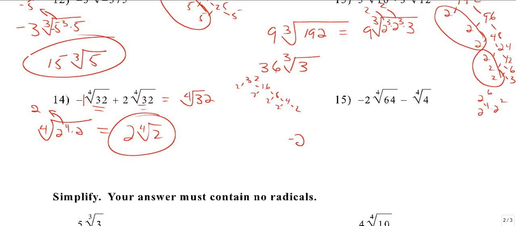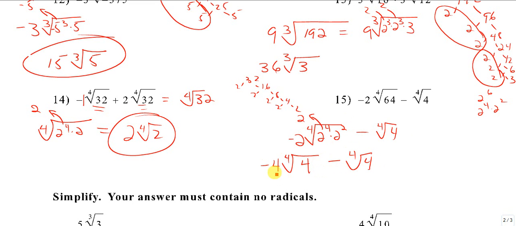So I'm going to have a negative 2 times the 4th root of 2 to the 4th times 2 squared minus the 4th root of 4. Now, we need to take this 2 to the 4th out. That'll be 2, and it'll multiply by the 2 in front of there. So I've got a negative 4 times the 4th root of 4, because 2 squared is 4. That stays under there, minus the 4th root of 4. So I have a negative 4, so 1 in front of there, negative 4 minus 1. Negative 5 times the 4th root of 4.